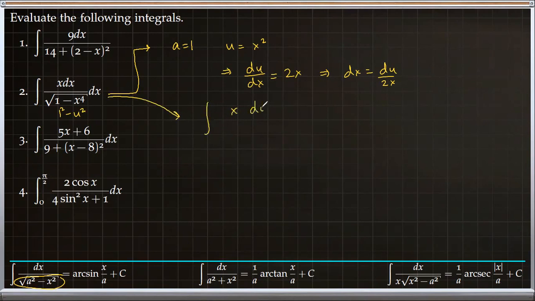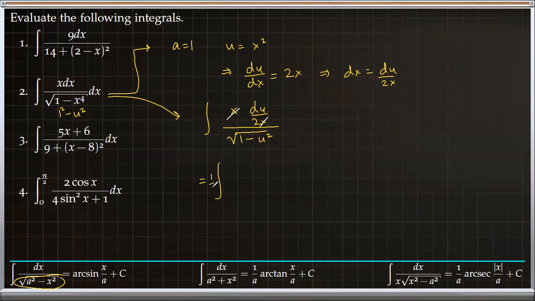Then dx is du over 2x, divided by the integral of 1 minus x to 4, which would be u squared because u is x squared, so x to 4 is u squared. I can simplify this a little bit further because this x and that x get cancelled out.